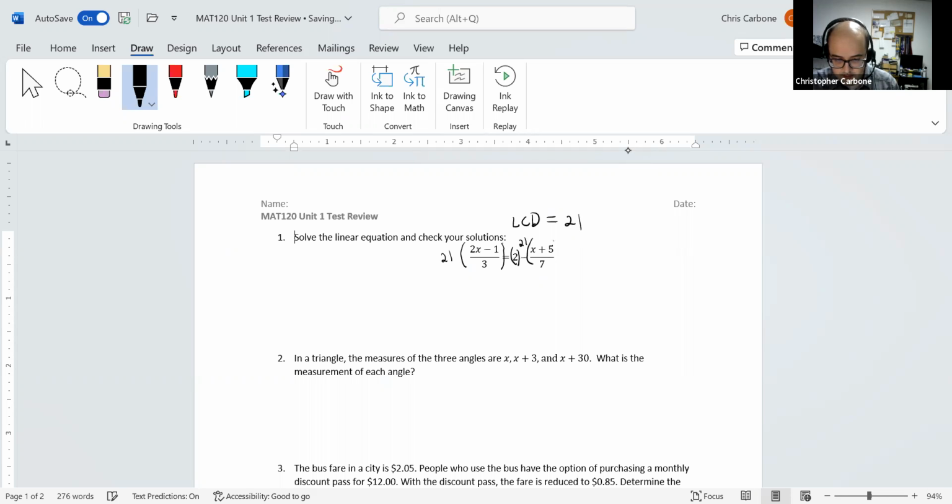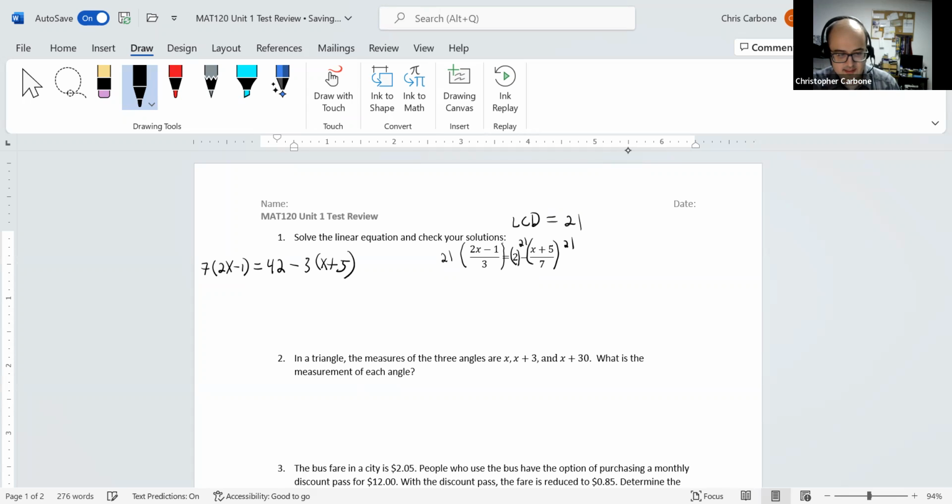All 3 of these. So 21 divided by 3, this would be 7 times 2x minus 1 is equal to 2 times 21, which is 42, minus 21 divided by 7, this would be 3 times x plus 5.